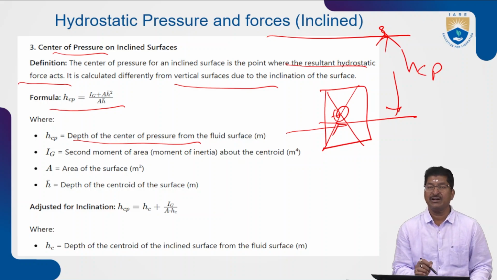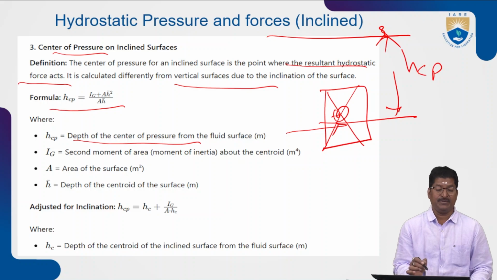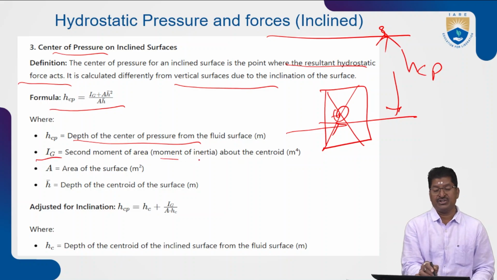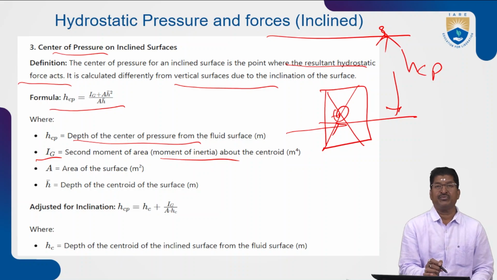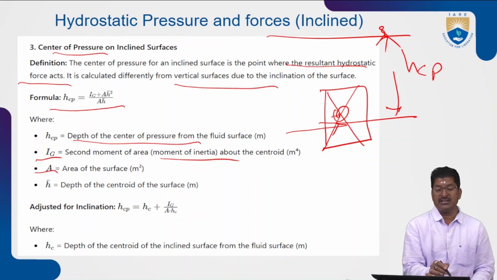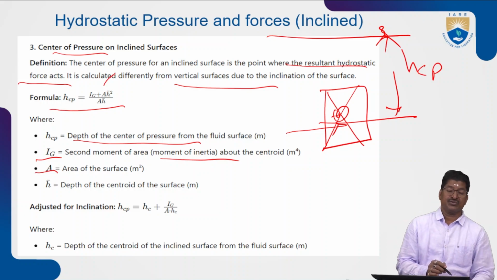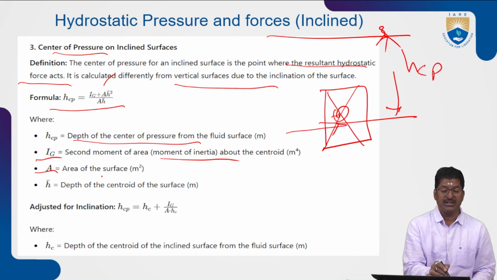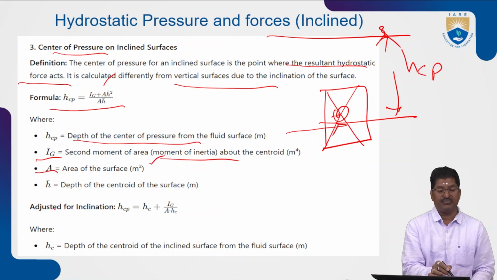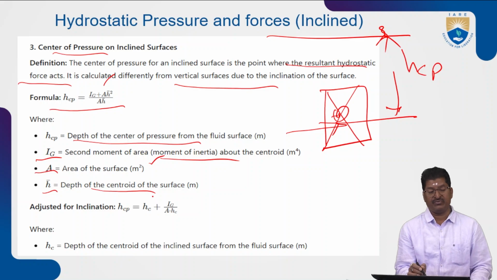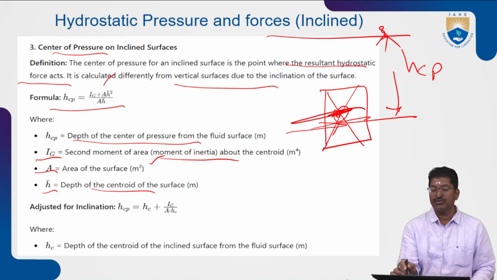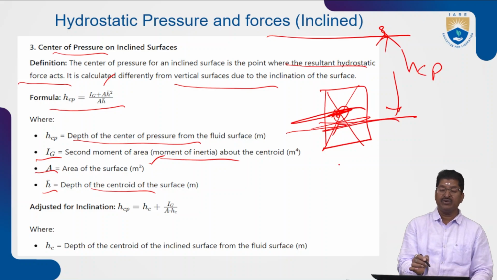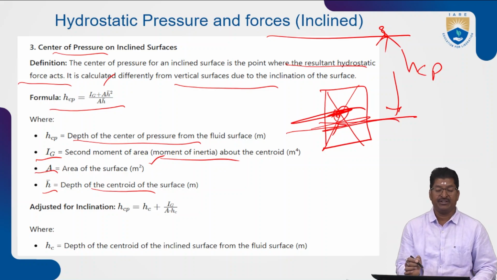Ig is the moment of inertia about the centroid, also called the second moment of area. A is the area of the surface, and h bar is the depth of the centroid of the surface. So those are the differences between h bar, the centroid depth, and HCP, the center of pressure depth.